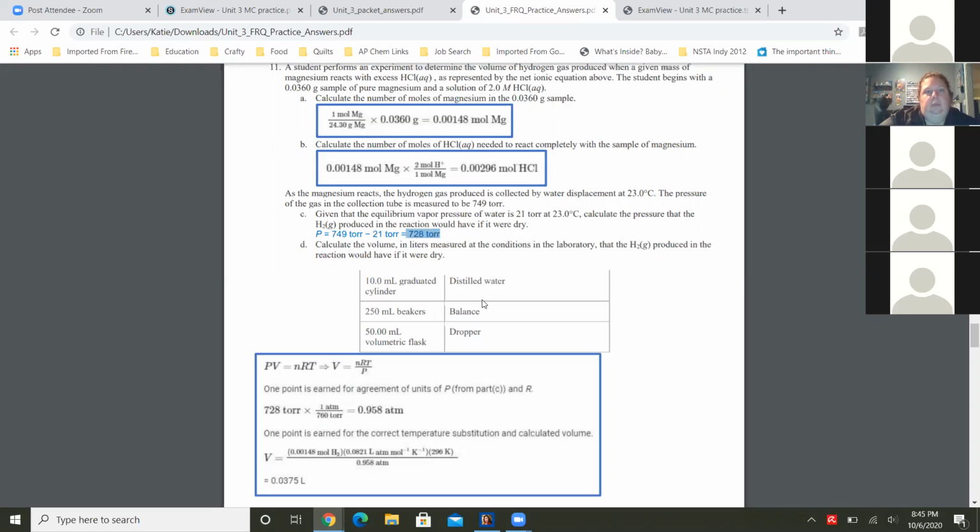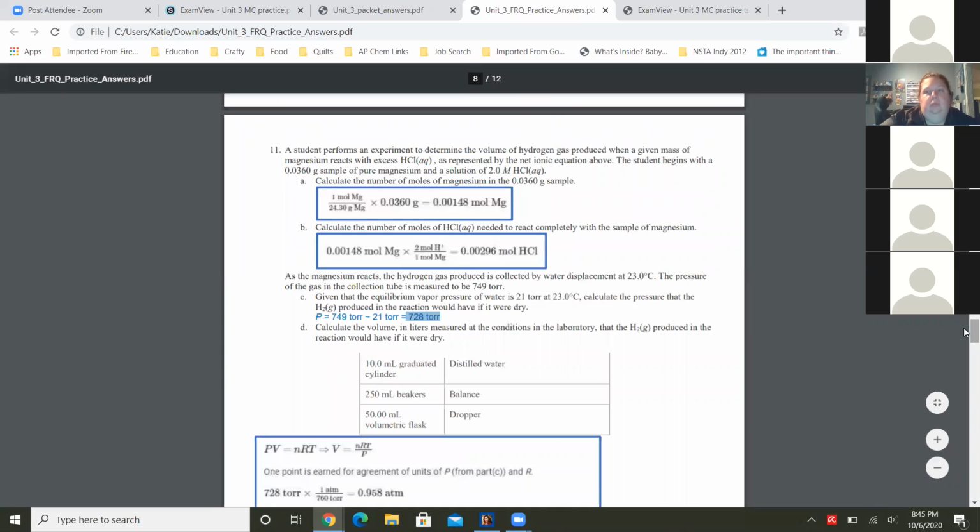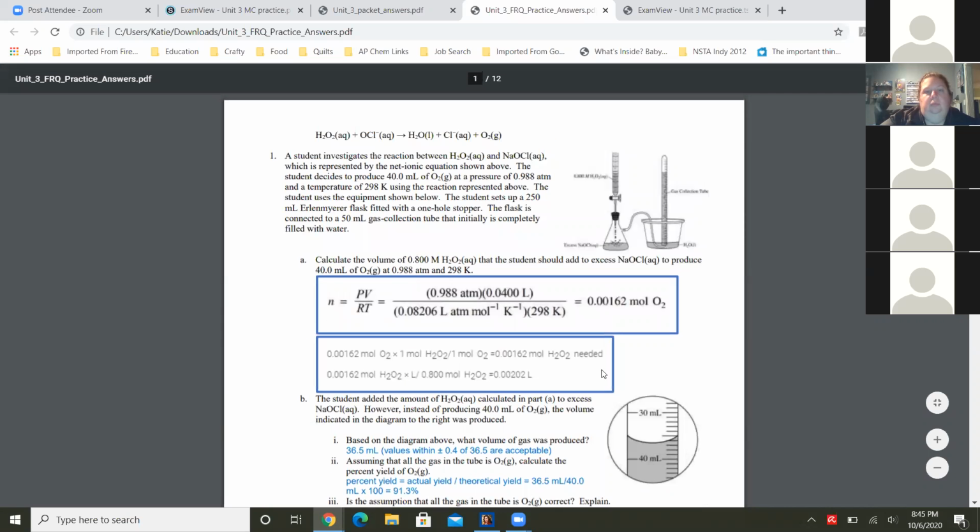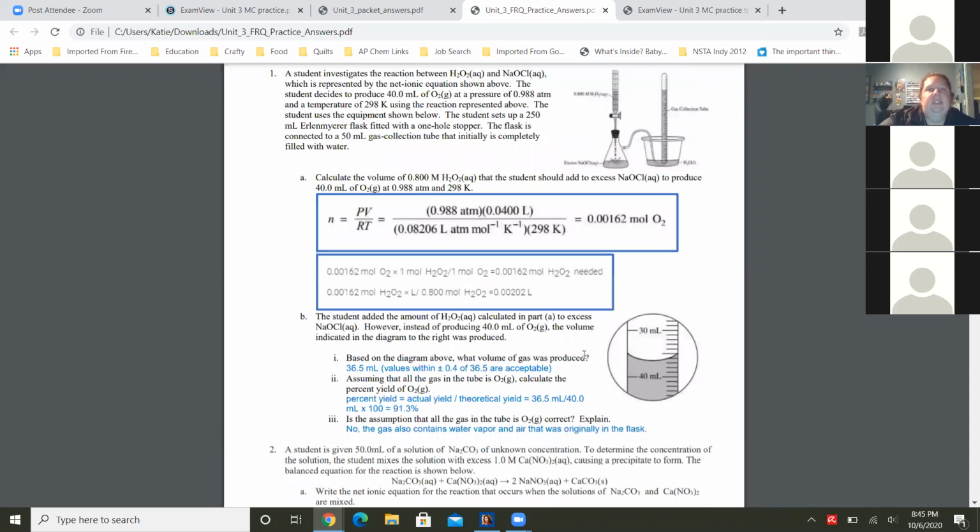For the first one on free response, could you go over how to set up the stoichiometry for that? Yeah. So this is a pretty classic gas law stoichiometry where they give us all of this information about the oxygen, but they're asking us to calculate the answer about a different chemical, the hydrogen peroxide.